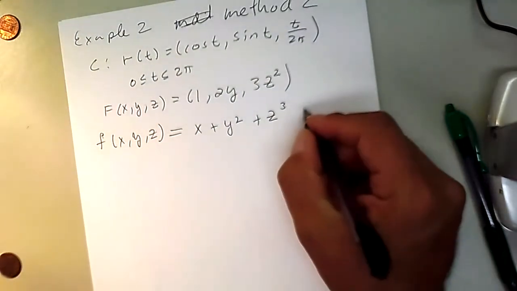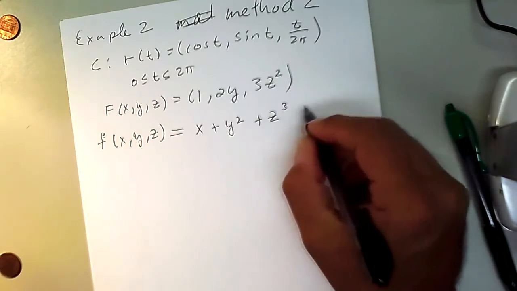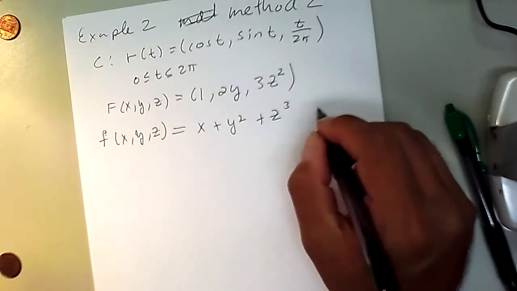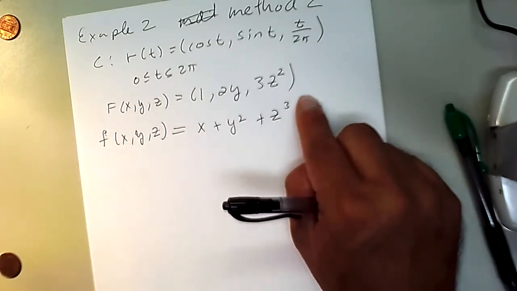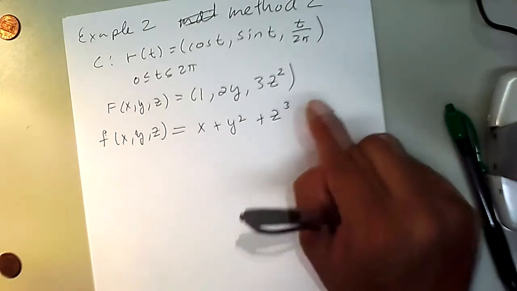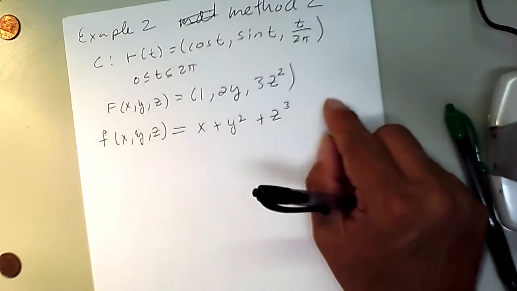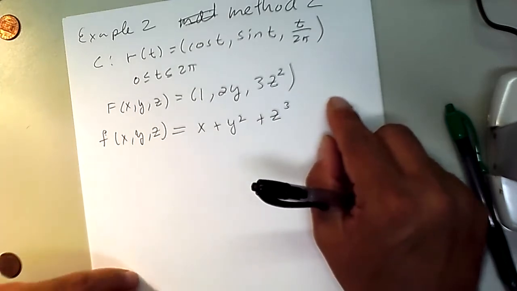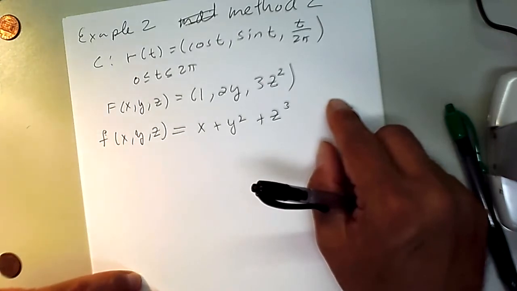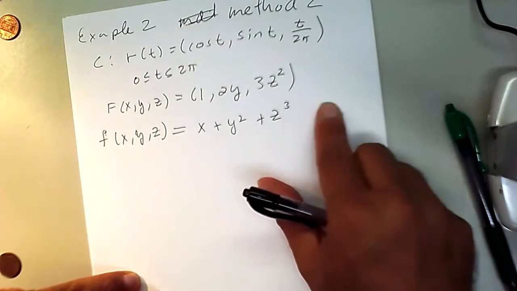That's why it's not good to put an arbitrary constant on the anti-gradient or antiderivative. If you really want to add a constant, just add an actual constant like 5 or 7 or pi. And then that's going to be the same constant in the rest of the problem, and they will subtract if you are using the fundamental theorem of calculus, or in this case, the fundamental theorem of line integrals. Be that as it may, all we need is 1, so add 0 and that will do.